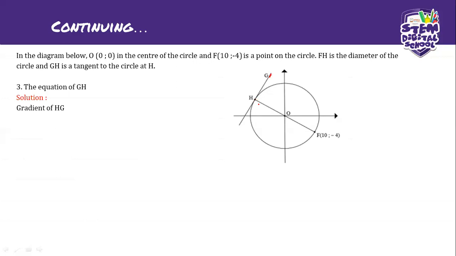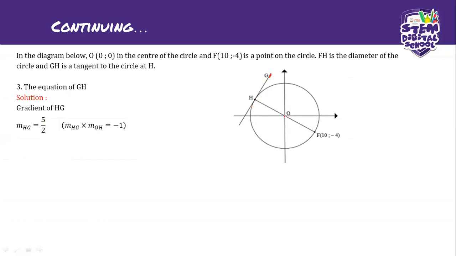So the only thing left is the gradient, so we have to calculate the gradient now. The gradient of HG is 5/2. But how did we obtain that?